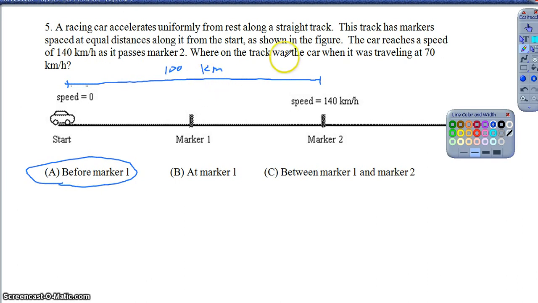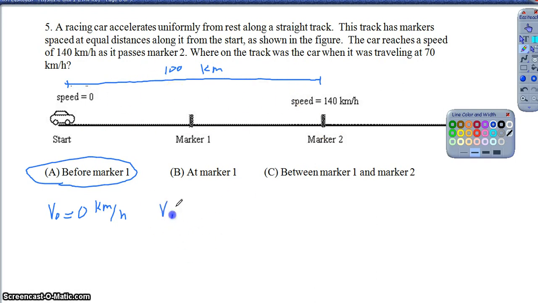Okay, the reason I'm going to do that is it tells me that it has a uniform acceleration. And so by defining the total distance, let's think about what measurements I know. Well, I know the initial velocity because it started from rest. So the initial velocity is 0 kilometers per hour. I know its final velocity after that total distance, which I'm just calling 100 to make it easy for me.